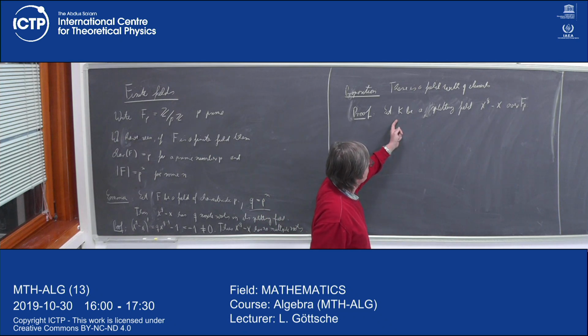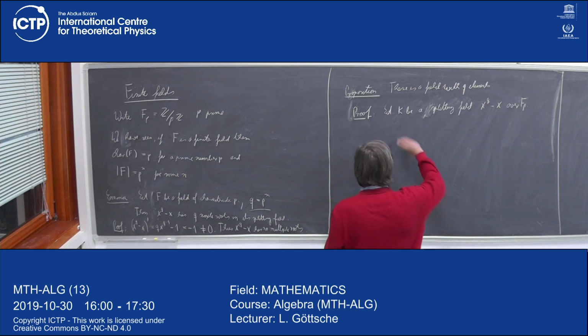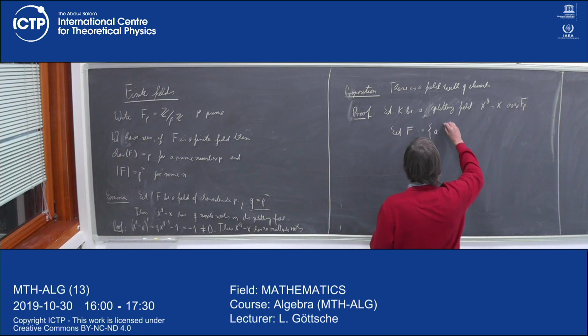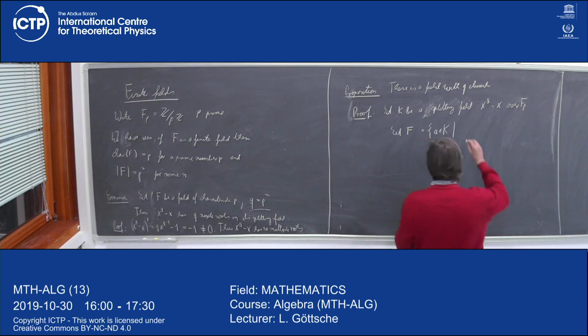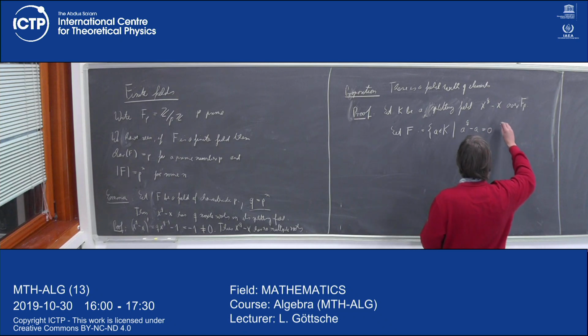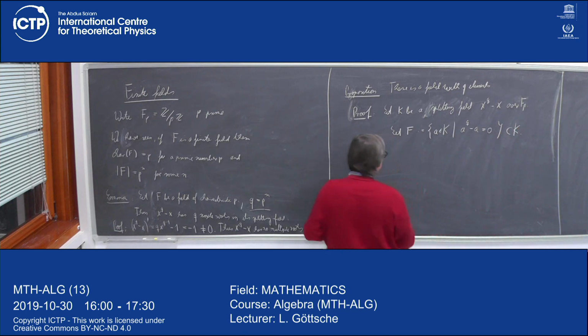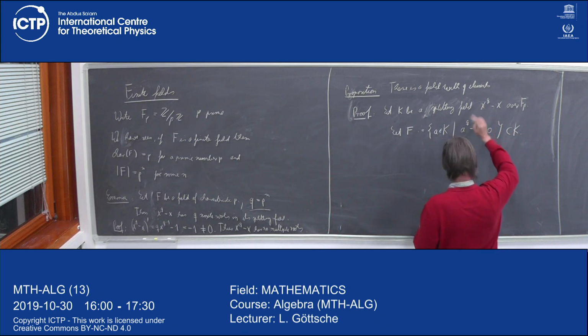But for the moment we don't know that. Instead, we just take a subset of it, which later will turn out to be the whole thing. So let F be the set of all elements in K which are solutions to this equation, so which are zeros of this polynomial. So this is a subset of K. So it's just the set of roots of this polynomial.